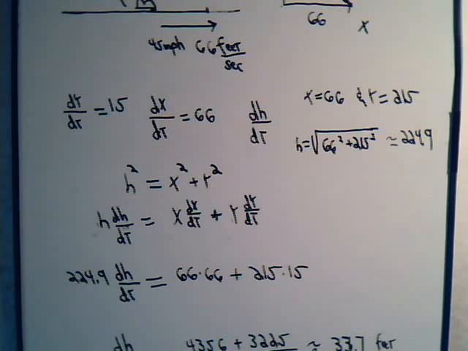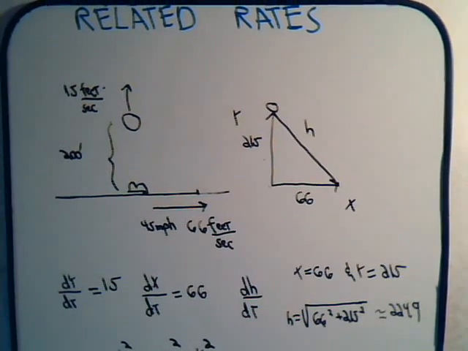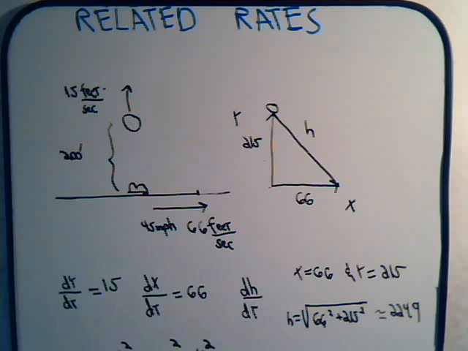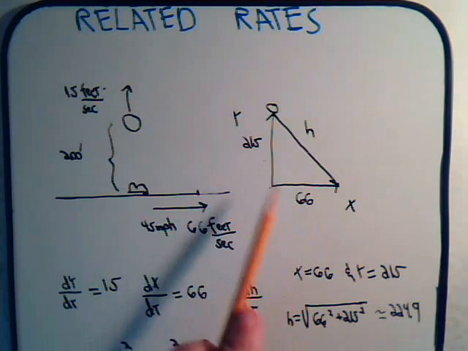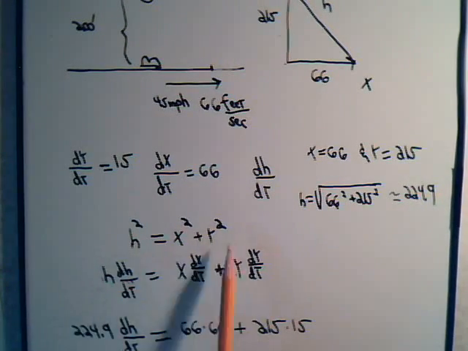And that's it. Hope it was helpful. Come back, we'll tackle another one of these types of problems where the relation between the variables is not just a simple Pythagorean type relationship.